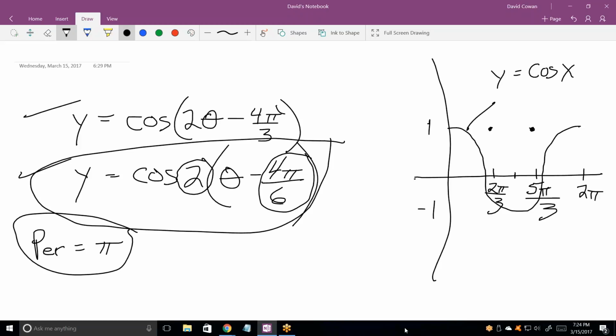So that's 7 pi over 6. Adding 2 pi over 3 to 5 pi over 3 gives you 7 pi over 3. Divide by 2, you get 7 pi over 6. Okay? And sometimes it's easier to quarter these up if you leave them unsimplified.